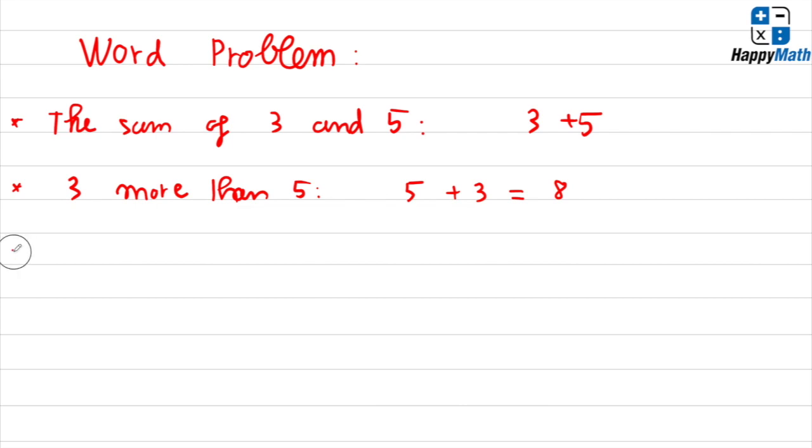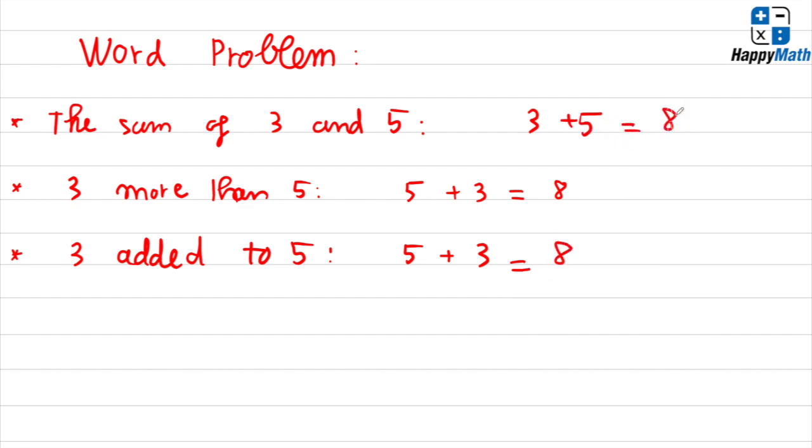Another way to talk about the sum of 3 and 5 is 3 added to 5. It means you have the number 5 and then you add 3 more. So it's always 8. So the sum of 3 and 5 is very easy, right? It is 8.